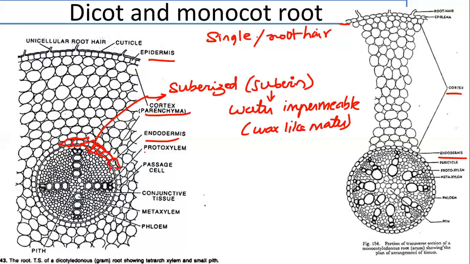Next we'll talk about pericycle. Here in dicot, a few layers of thick-walled parenchymatous cells will give rise to lateral roots.